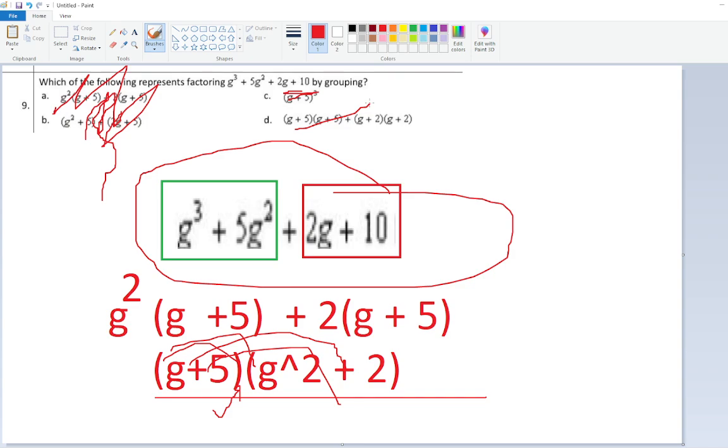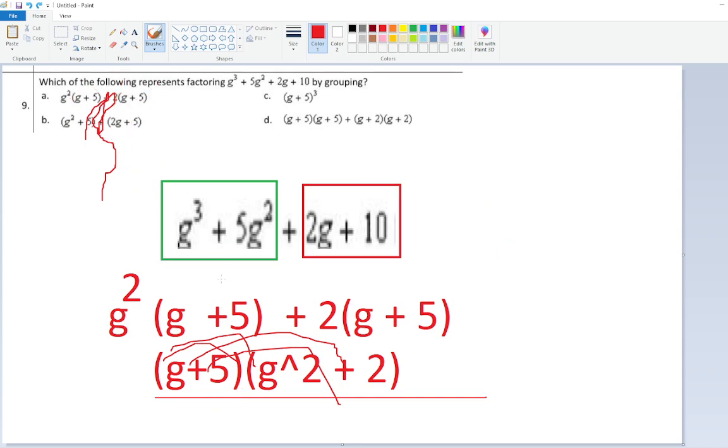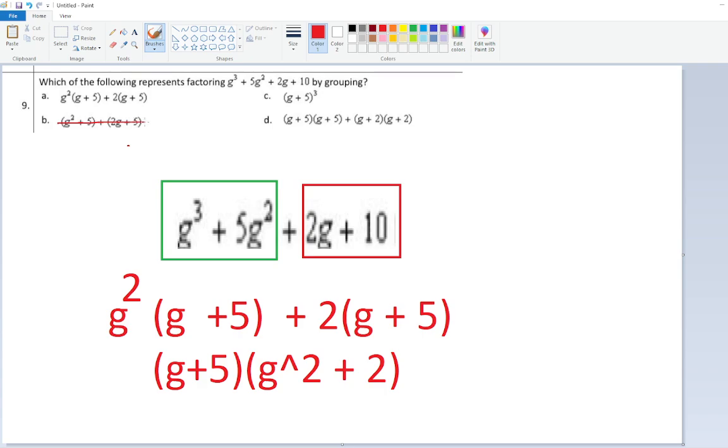Now, let's see what's going on here. Why isn't this right? It should be g squared plus 5 and g squared plus 2. So it's not that one. And, oh, they didn't group it. They didn't regroup it, so they left it in this stage. So yes, there is a positive between it at this stage. Really, it should be rewritten like that.